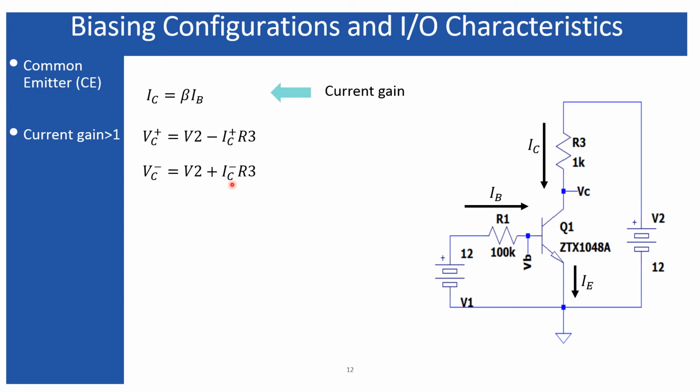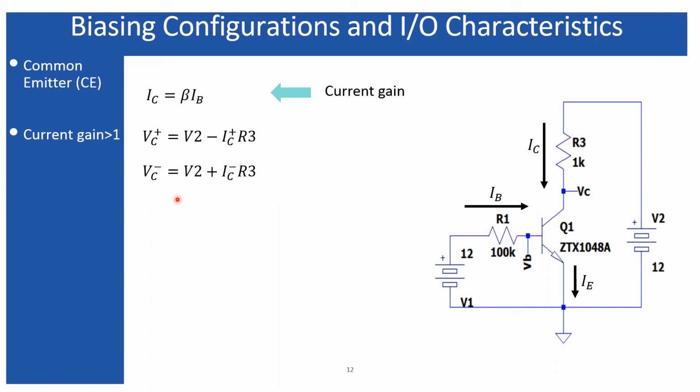Similarly, in the next case, if IC gets reduced to less than the Q point current, so the incremental current goes in a negative direction, the VC will increase in a positive direction. I have denoted that one as VC minus.